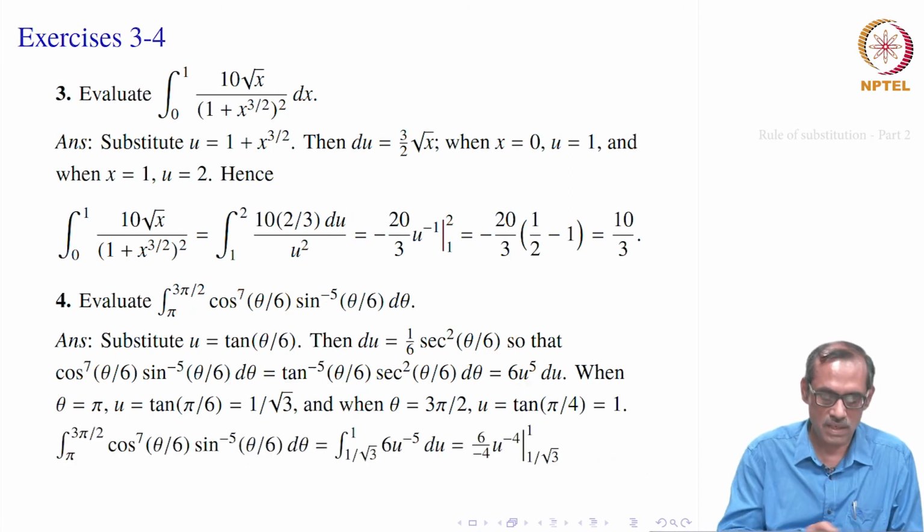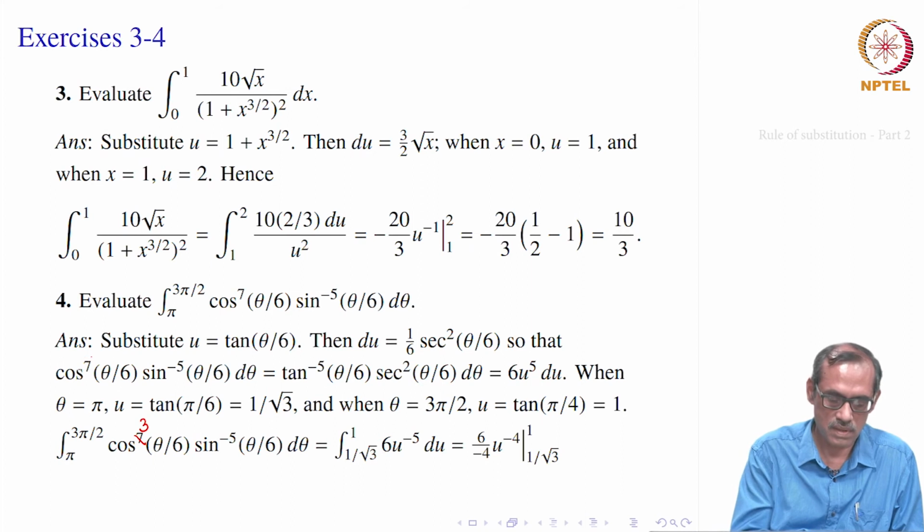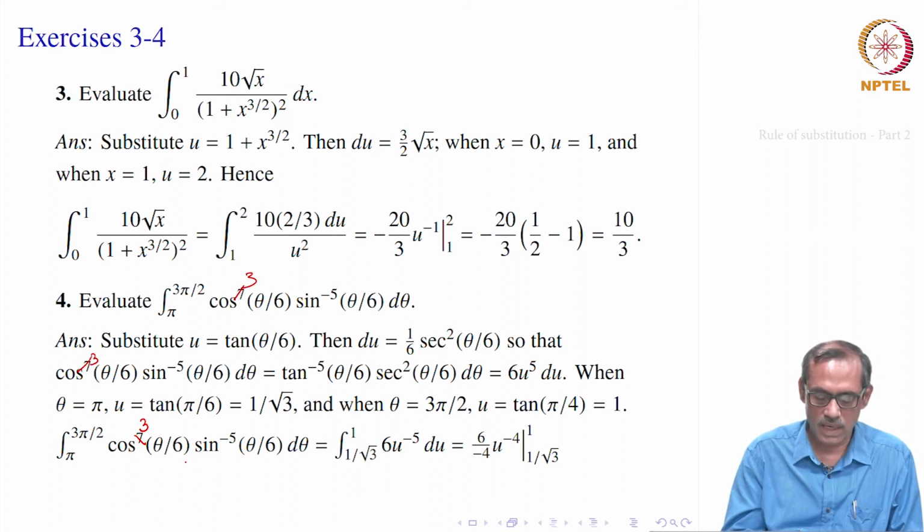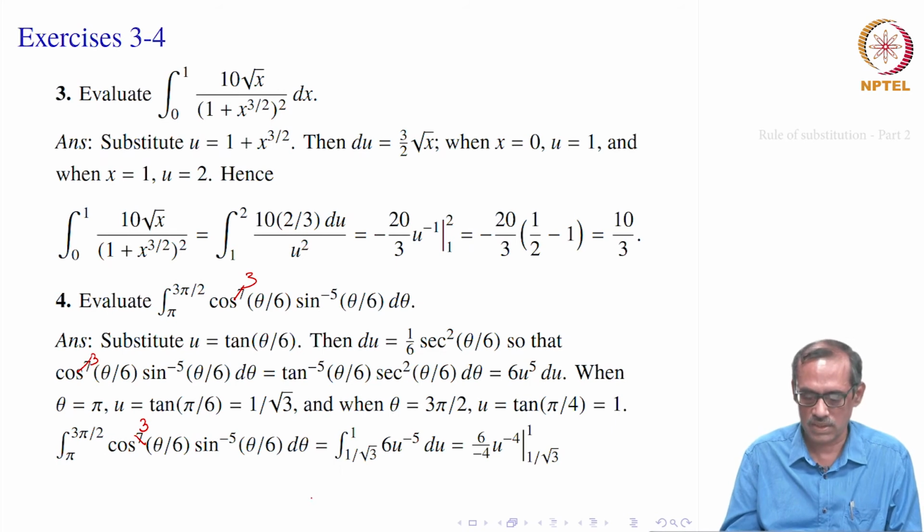So we can write the integral from pi to 3 pi by 2 of cosine cubed theta by 6 sine minus 5 theta by 6 as the integral from 1 by root 3 to 1 of 6 u to the power minus 5 du.